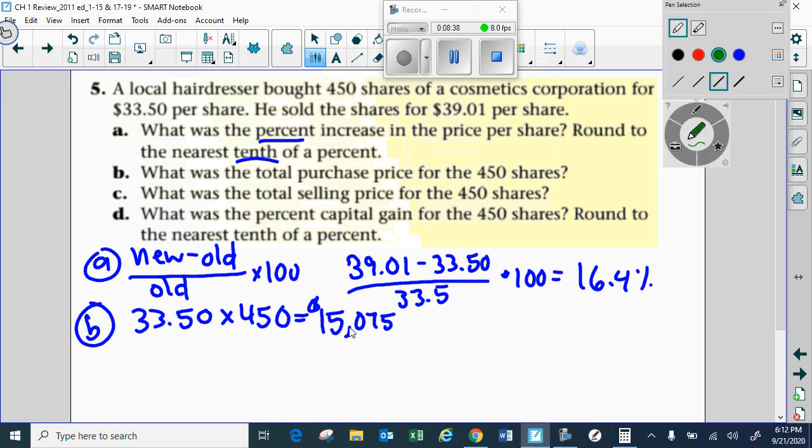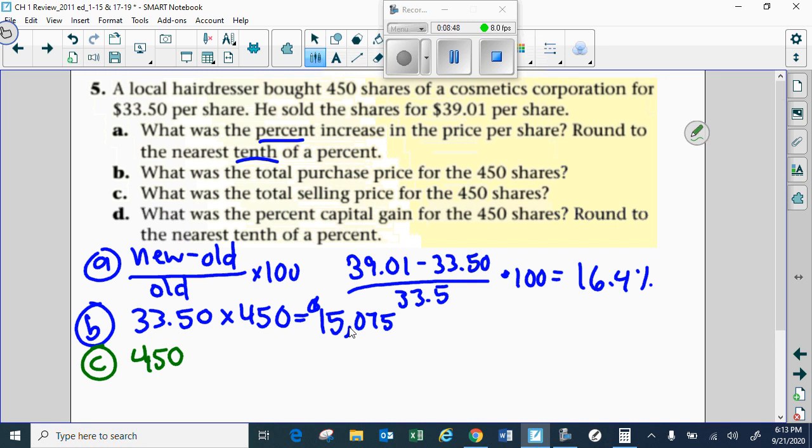Okay, let's change the color. C says, what was the total selling price? So that's 450 shares. The shares haven't changed, but he sold it at 39.01.